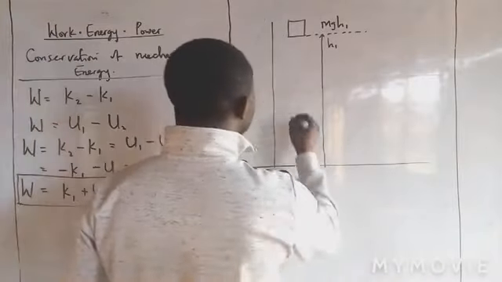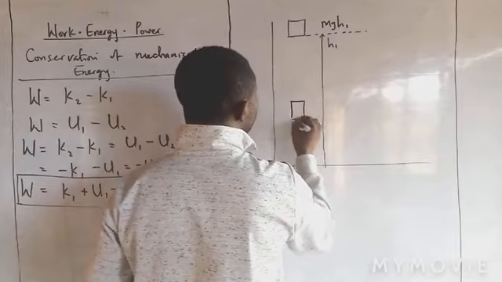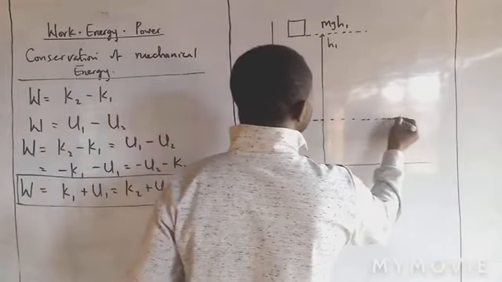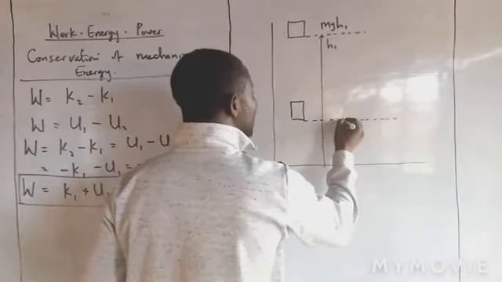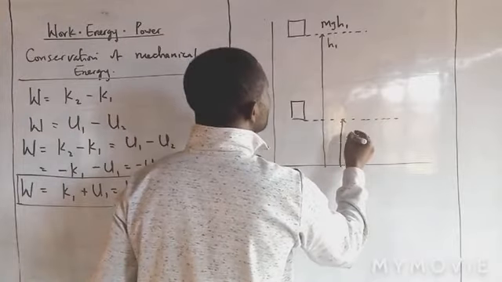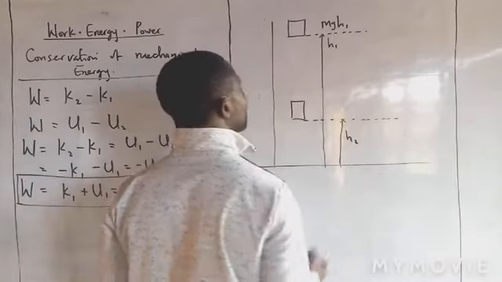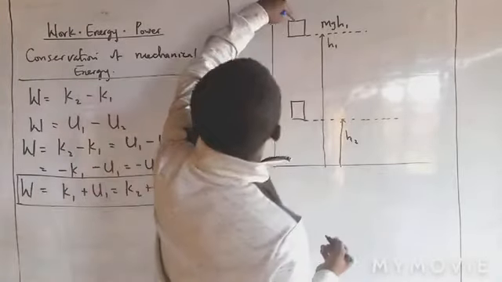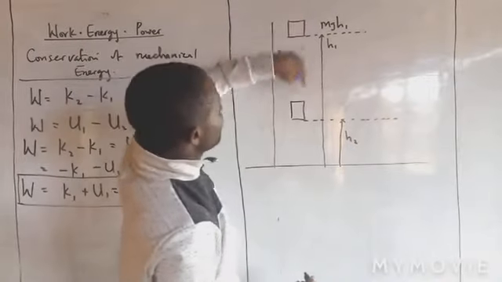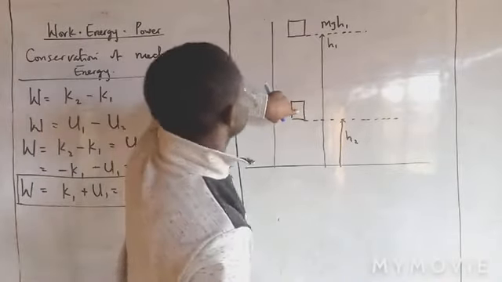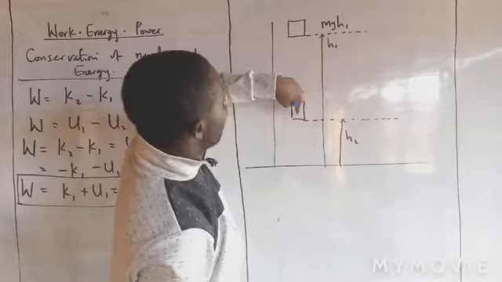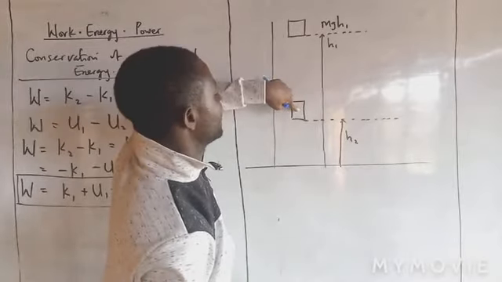By the time the body is here, it has height H2, but because it has moved from here to here, it has a speed and a kinetic energy.